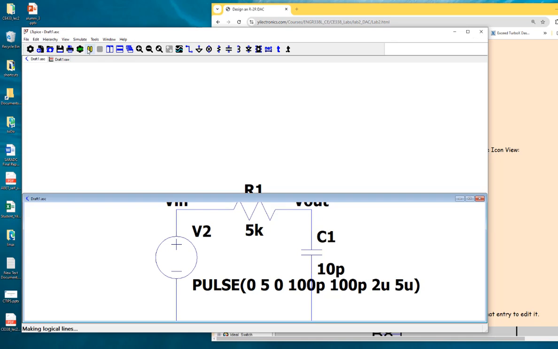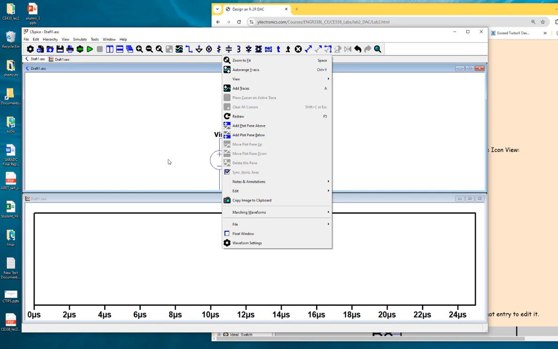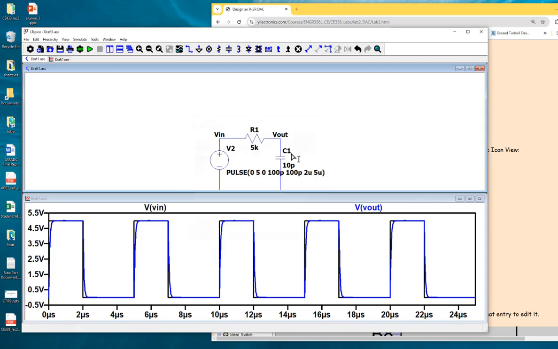I have to run the simulation one more time, right? And then right click and add traces. So that's another way to add the traces: right click at the window and add traces. So add Vin, Vout. It's showing Vout and Vin this time instead of N001, 000, things like that. So it's giving a name to it.